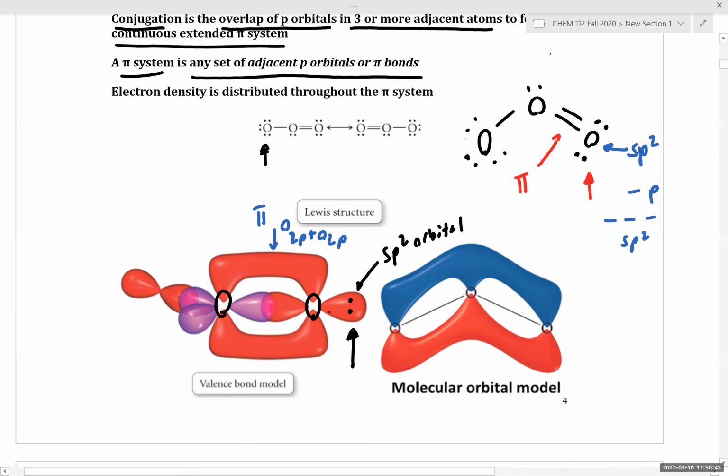We just said this lone pair is in an sp2 orbital. So because it's in an sp2 orbital, can it interact with this pi system? Is an sp2 orbital the same thing as a p orbital? No. Because this lone pair is in an sp2 orbital, it is localized, and it cannot participate in resonance.